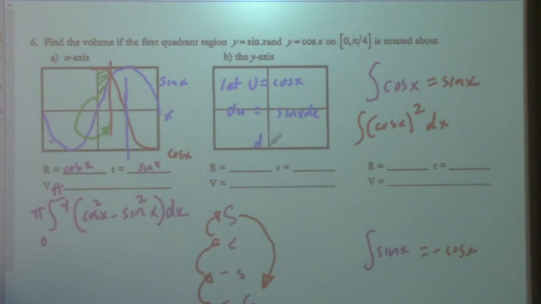So dx is equal to du over negative sine x. And then we can go in here and take this integral of this thing right here, and you can do it, but I don't want to do it right now, because that's too much.